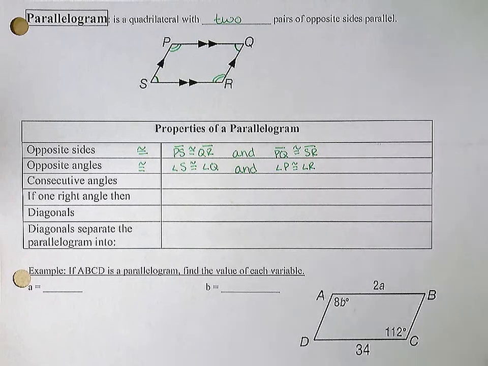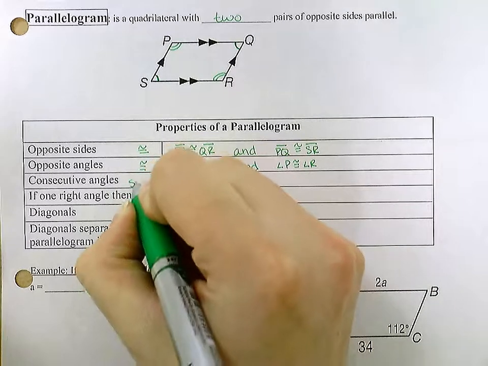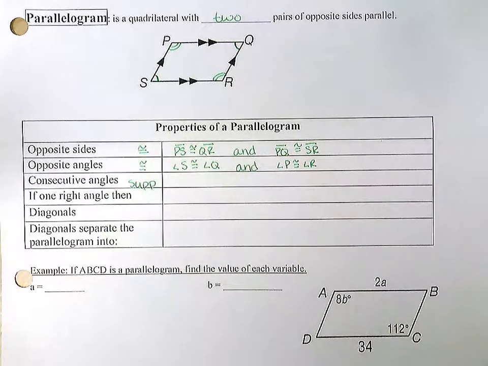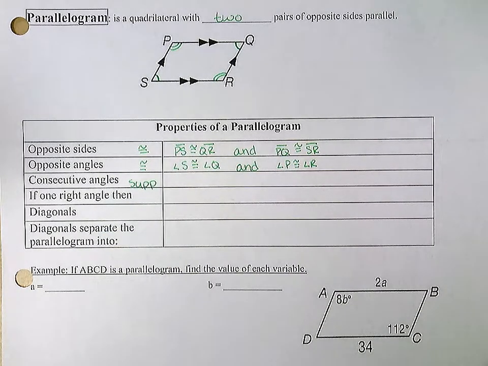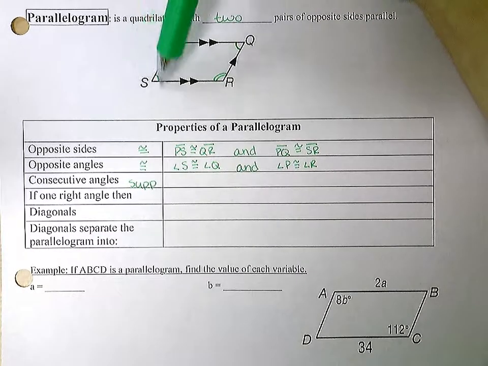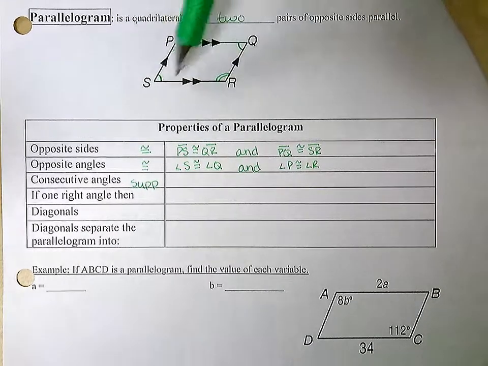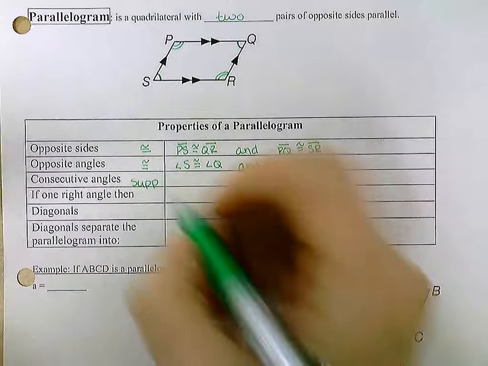Next, we want to talk about the consecutive angles. Those are angles that are next to each other. That's what consecutive means. Those angles are supplementary. You can write out supplementary if you want to. My angles that would be next to each other would be like S and angle R. Those aren't congruent, but I can add them together.